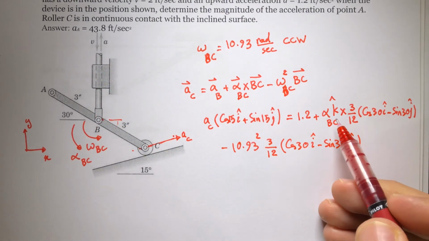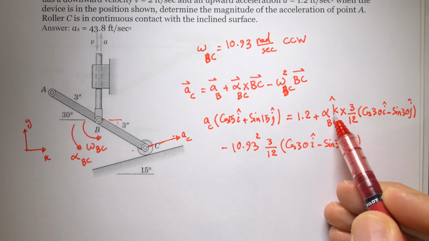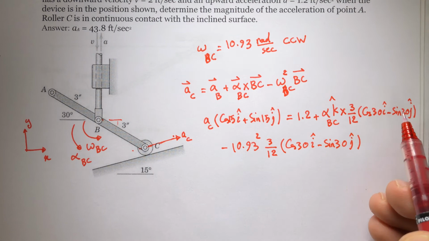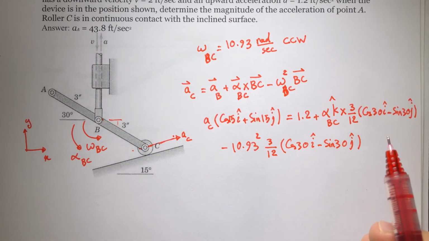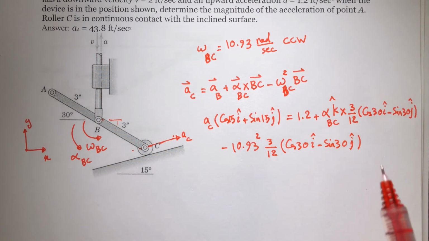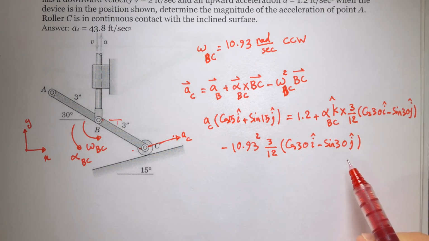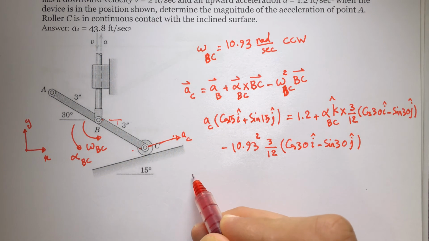We have a cross product here, so you need to cross product k to i and also k to j, and do this cross product. After doing that, we can separate i and j terms and find alpha and also acceleration of C. I'm going to let you do that yourself.